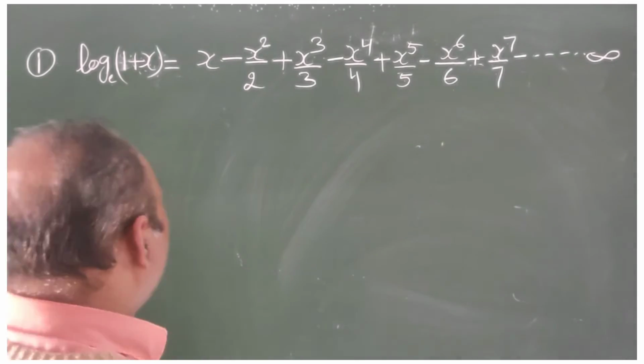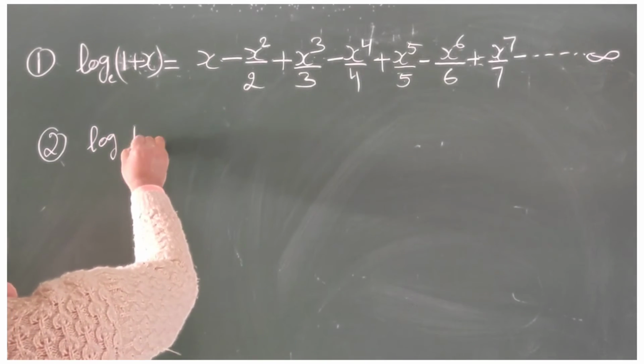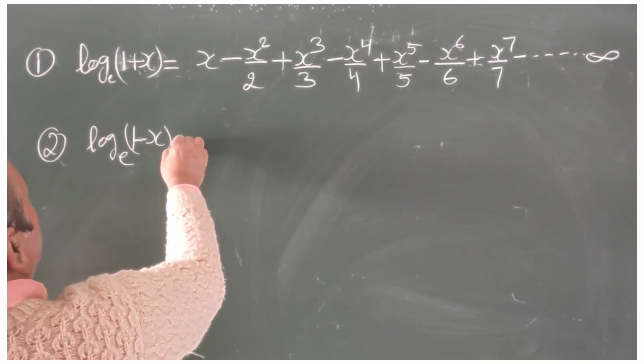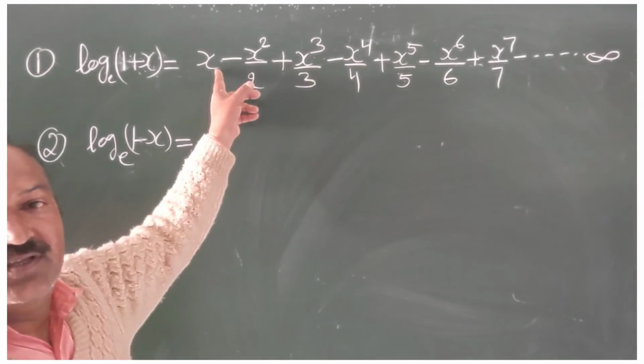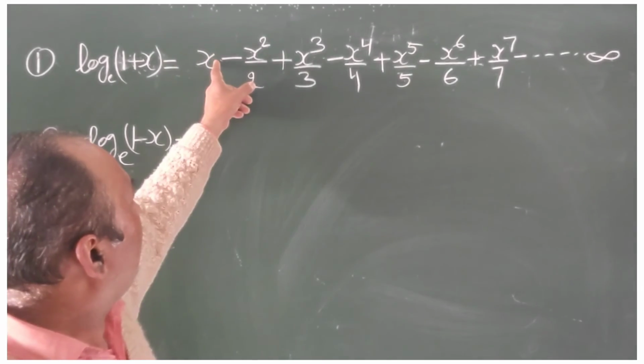The second formula is log of 1 minus x base e, that is equal to, changing x into minus x, we get minus x.